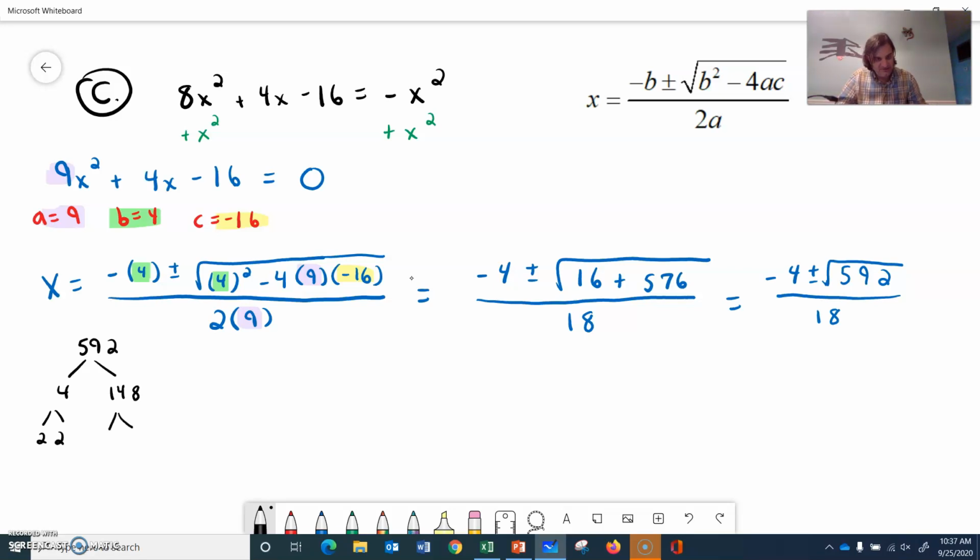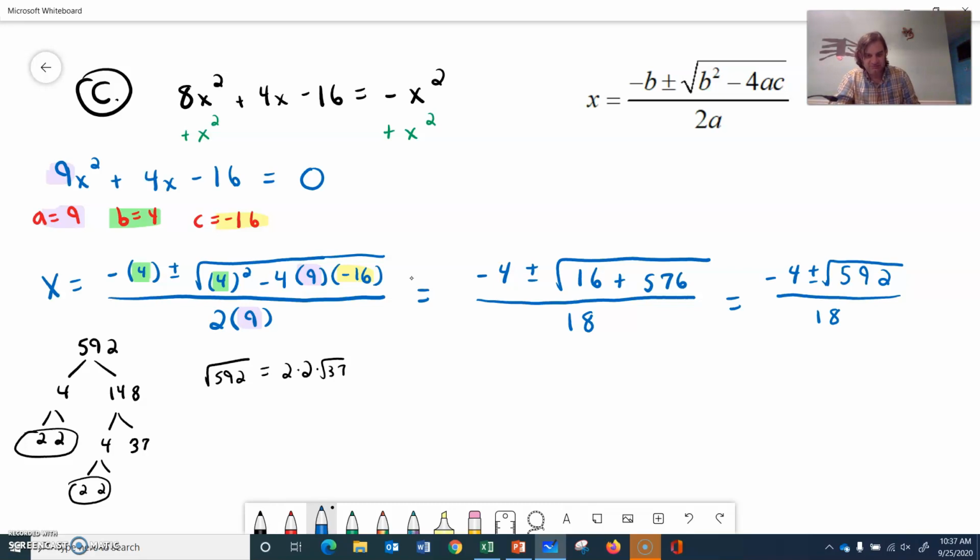That's also divisible by 4. 4 and 37. I know 37 won't break down anymore, but I got two groups of 2's here. So what I learned over here was that the square root of 592 is the same thing as 2 times 2 times the square root of 37.